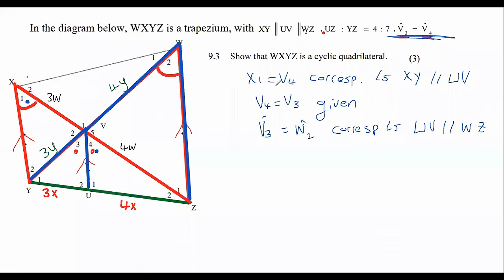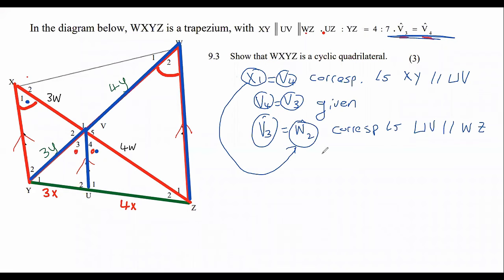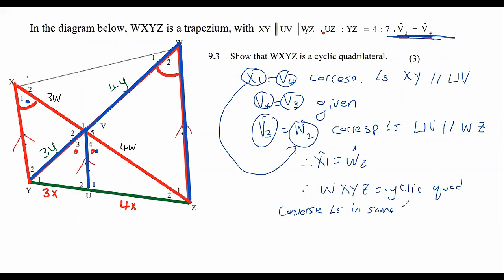And so guys, if you follow the pattern, we said X1 is the same as V4. V4 is the same as V3. V3 is the same as W2. So that means X1 must be the same as W2. So we can say, therefore, X1 is the same as W2. And therefore, WXYZ is a cyclic quad. And the reason for that would just be converse of angles in same segment.